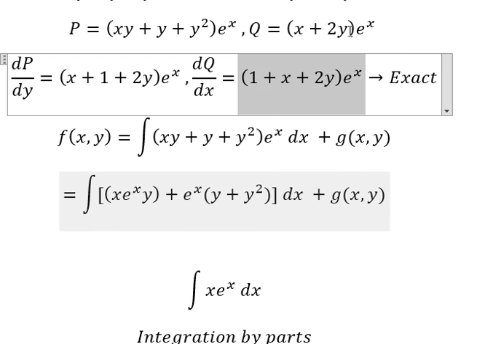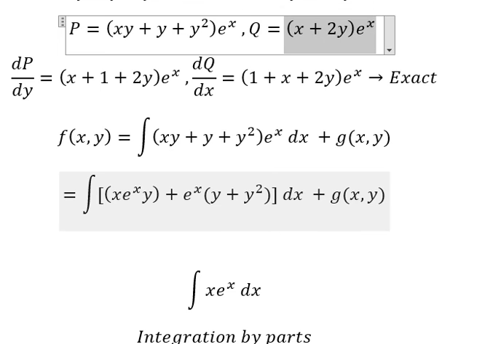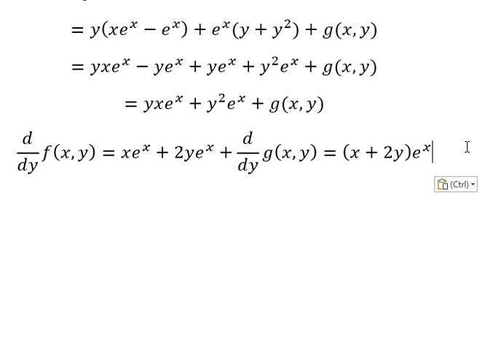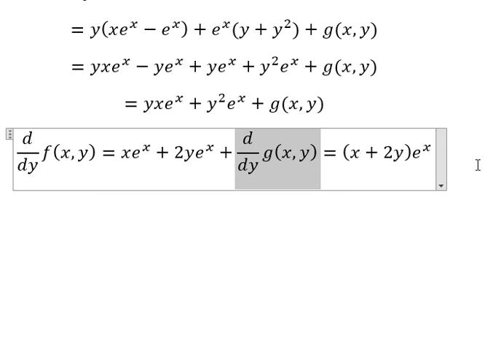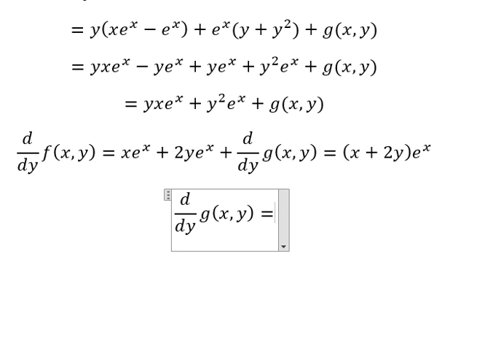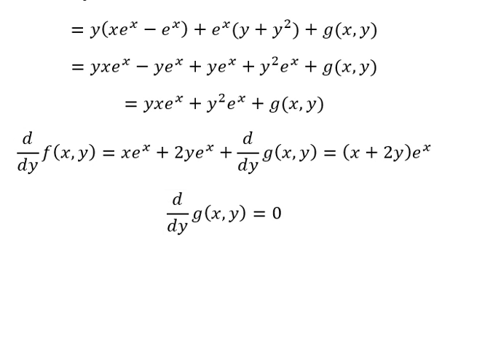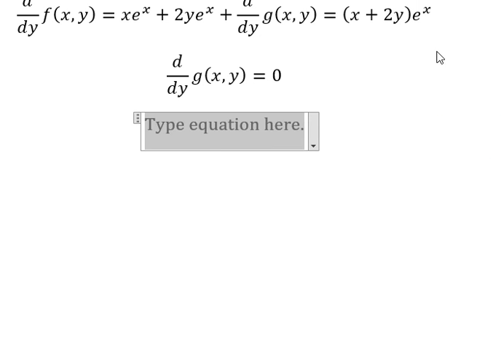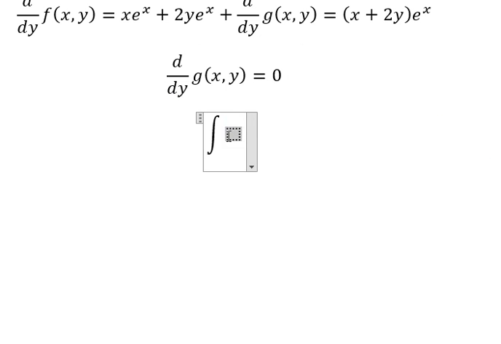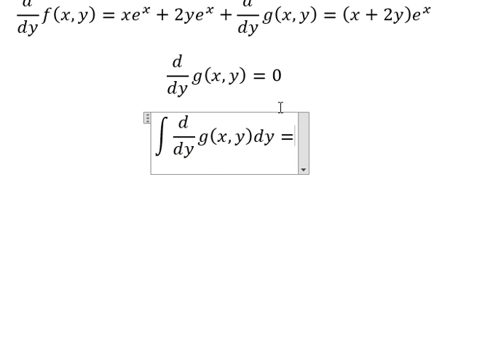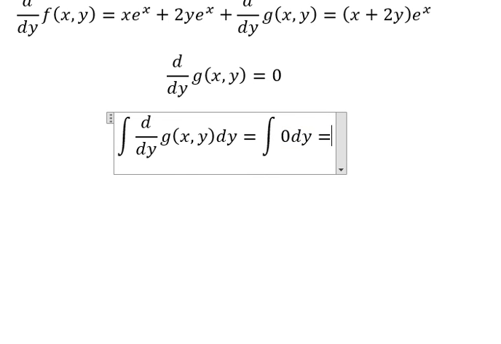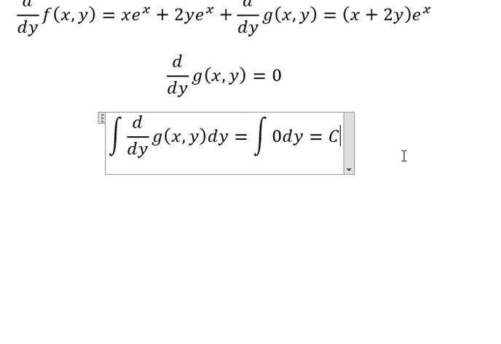Oh sorry, this one. And now we simplify for both sides, and you got 0. Later that, we put the integration for both sides. And this one we have C.